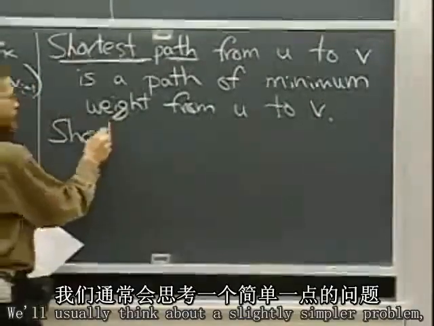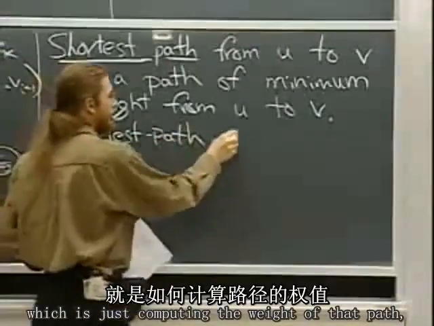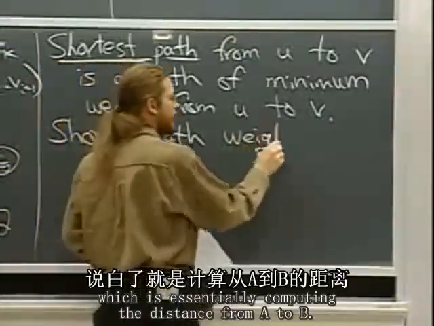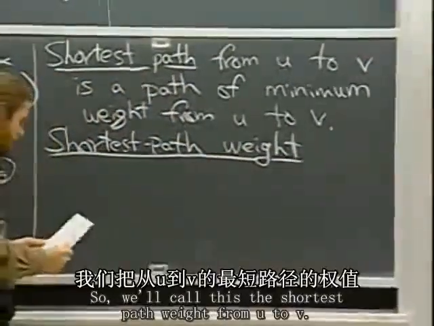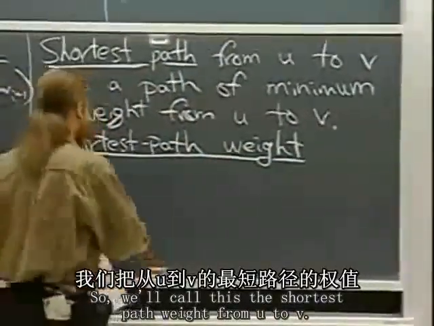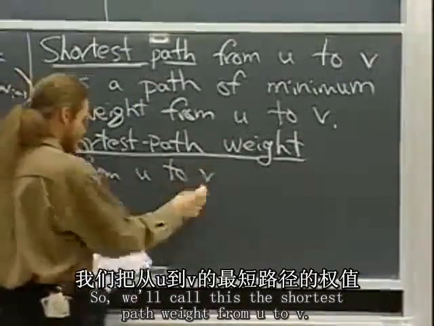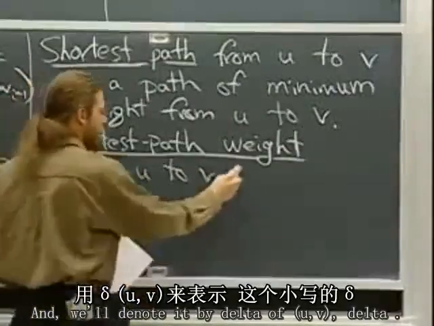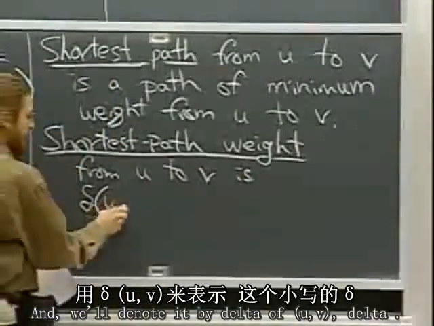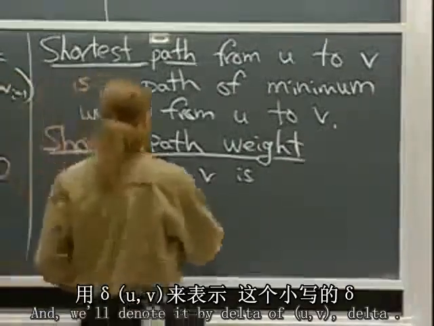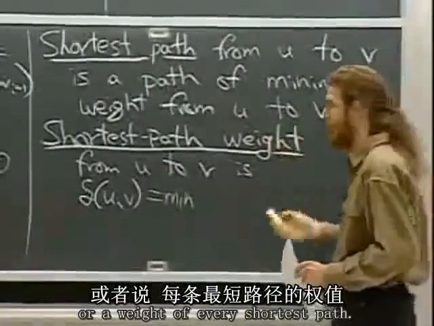We will usually think about a slightly simpler problem, which is just computing the weight of that path, which is essentially computing the distance from A to B. So we'll call this the shortest path weight from U to V. And we'll denote it by delta of U, V, little delta. So it's the weight of the shortest path, or weight of every shortest path.